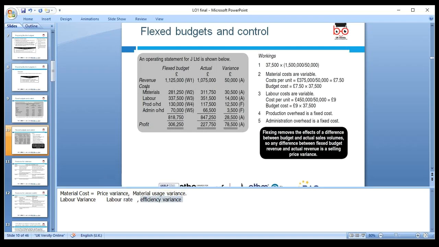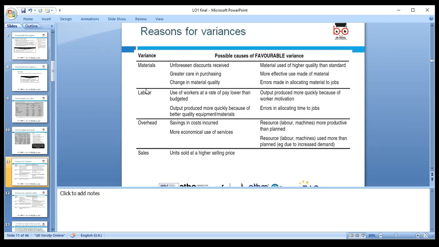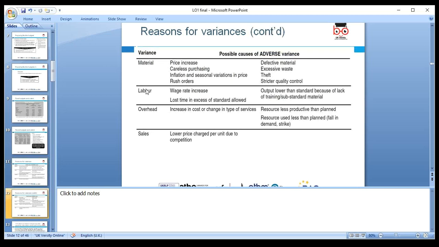But what productivity did the labor give you in an hour? Overall, if your variance comes out adverse, what's the point? Labor variance is also linked with material. If the labor is not trained, they can use more material, or the quality or customer service will drop. So all these factors we need to look at. These are the causes of favorable and unfavorable variances, all written here. With sales variance, if it's favorable, you're selling more than budgeted, which is always in your favor. So we always need to think about how we can make it favorable. Any question? No, it's fine.